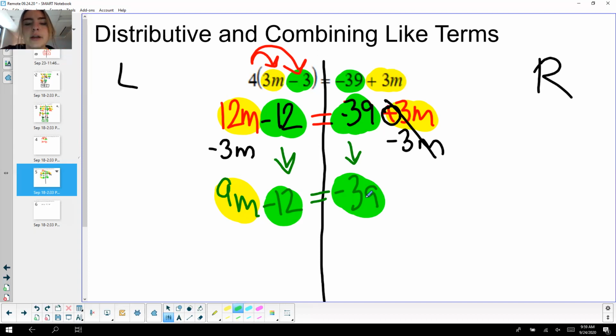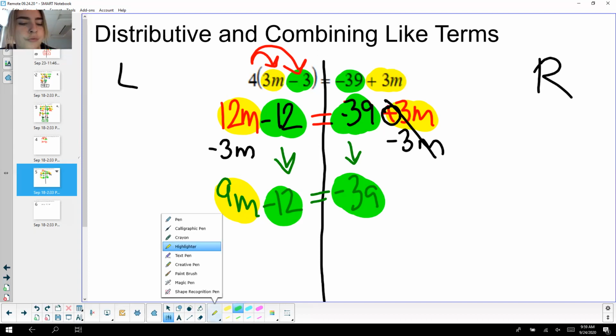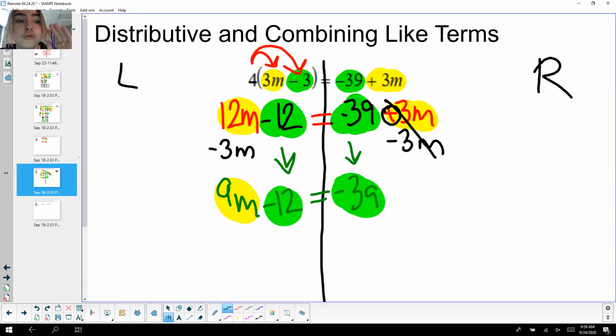So I want to go ahead and move that negative 12. And I can't just move it, I have to use math. I have to move it using the opposite operation. So this is a negative 12, minus 12, whatever you want to call it. So I'm going to go ahead and add 12 to both sides.